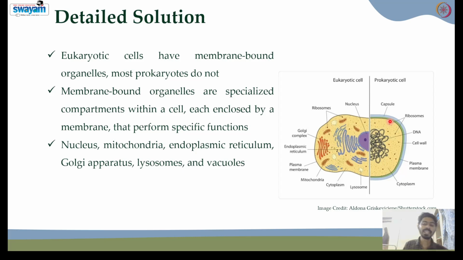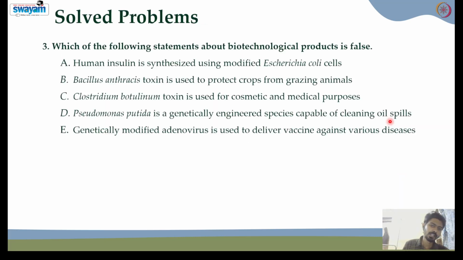So we will move on to the next question. The next question is, which of the following statements about biotechnology product is false? Option A, human insulin is synthesized using E. coli cells. Option B, Bacillus anthracis toxin is used to protect the crops from grazing animals.